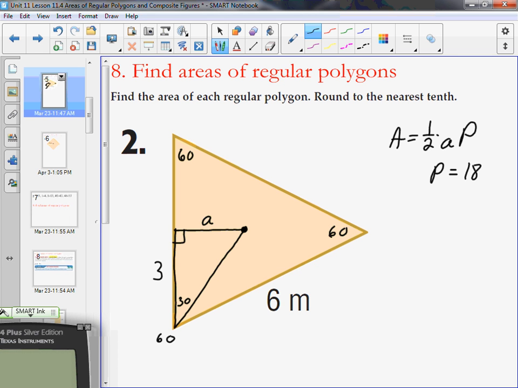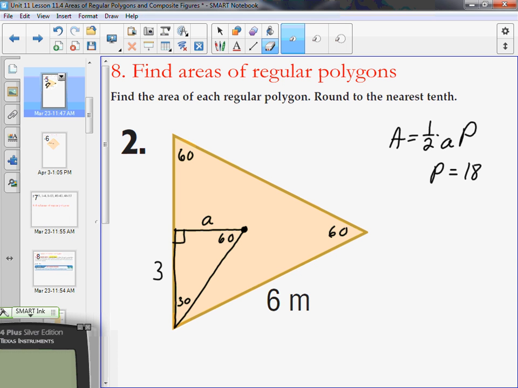So that's 30, and I've got the 90, 60, and we have a 30, 60, 90 triangle. See, you thought these were going to go away, but they aren't. Okay? So we've got a 30, 60, 90 triangle, and what we need is the short leg, isn't it?